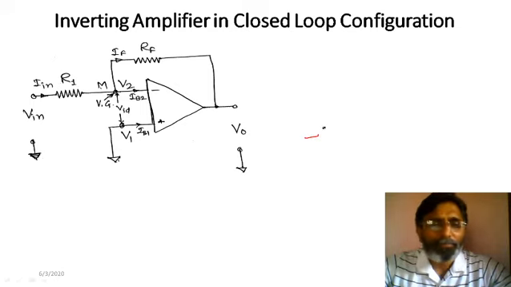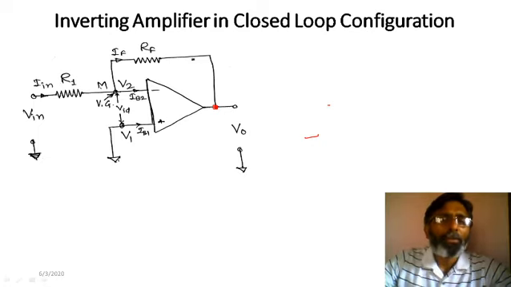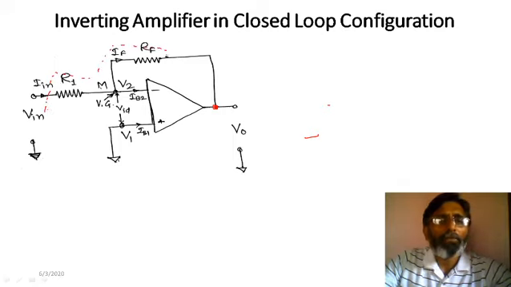Now in this case, you can see here, this is our op-amp, symbolically represented. These are the 2 inputs, inverting and non-inverting. Here we get the output. Now here what we have done is, this output voltage we have tapped, and we have taken a part of that output by using R1 and RF.